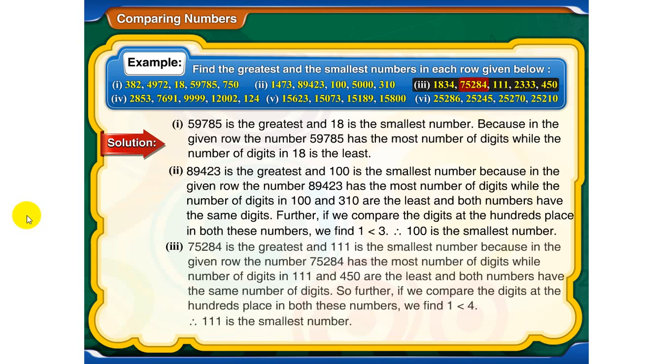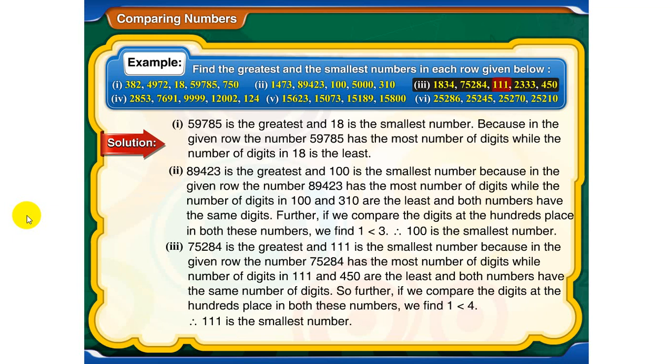3. 75,284 is the greatest and 111 is the smallest number because in the given row, the number 75,284 has the most number of digits, while the number of digits in 111 and 450 are the least, and both numbers have the same number of digits. So further, if we compare the digits at the hundreds place in both these numbers, we find that 1 is less than 4.